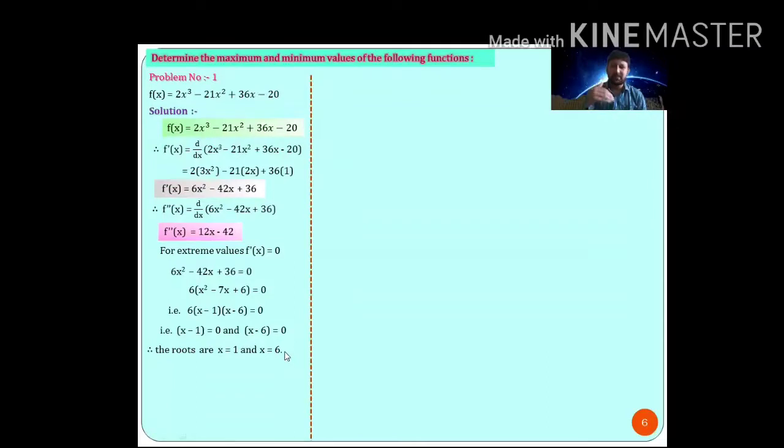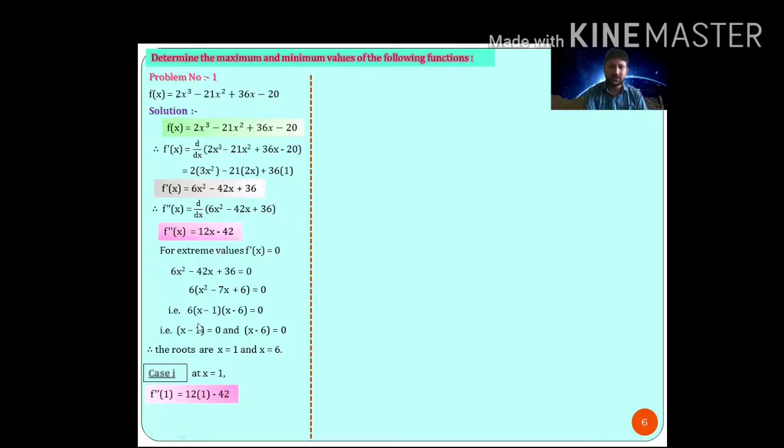To check the maximum or minimum value of the function, follow step number 3: find the value of the second order derivative at x = 1 and at x = 6. First case, at x = 1, the second derivative f''(x) is 12x − 42.